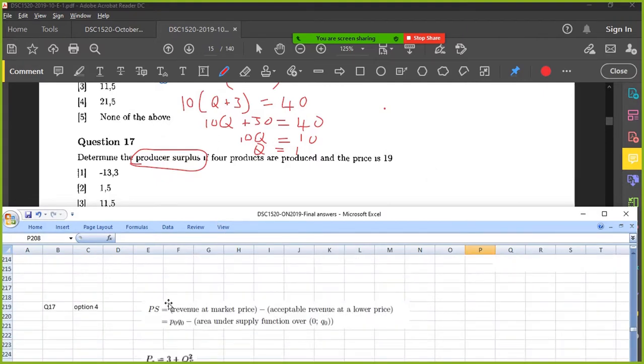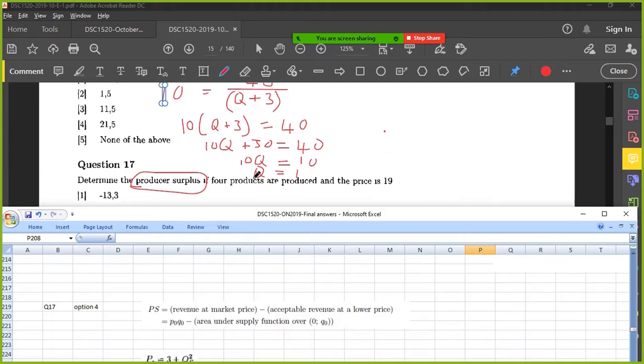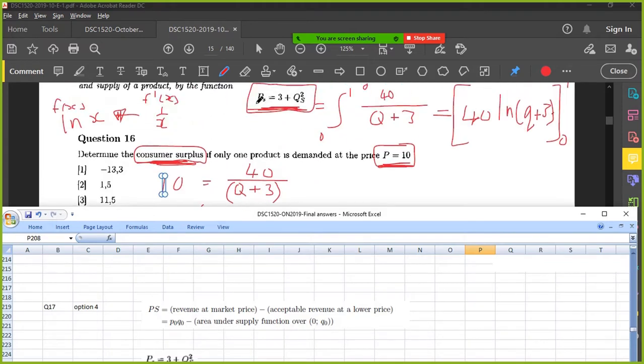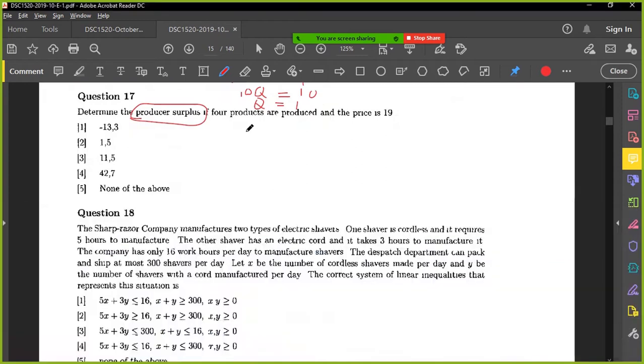There's the formula. Producer surplus is revenue at market price, P0 Q0, minus the area under the supply curve. So supply, PS equals 3 plus Q squared. Do you see that? Yep.